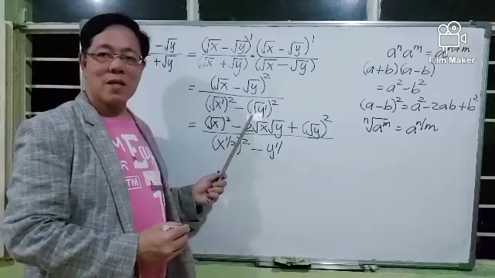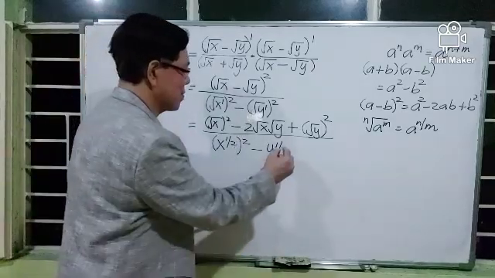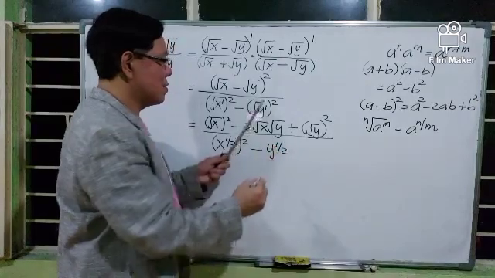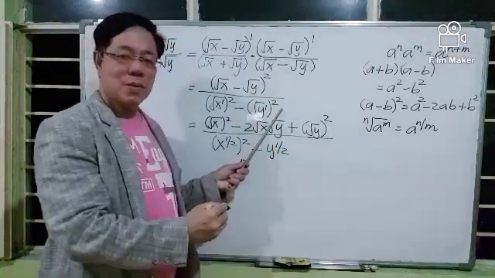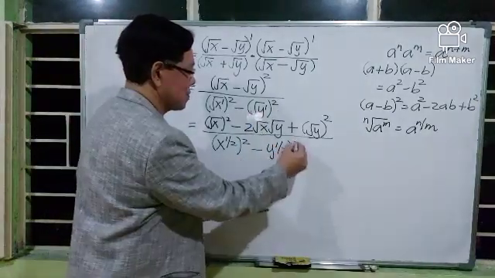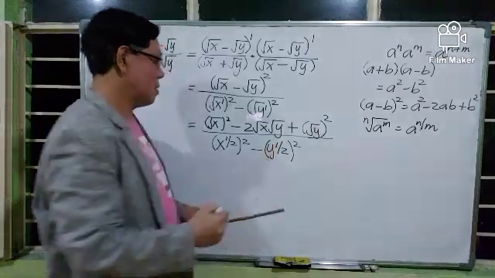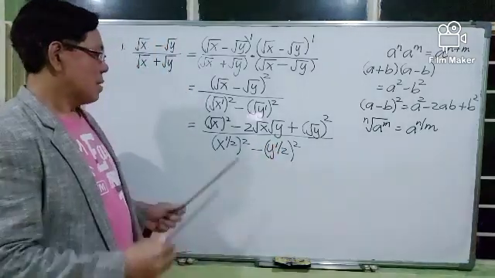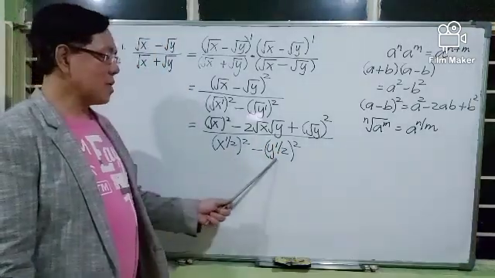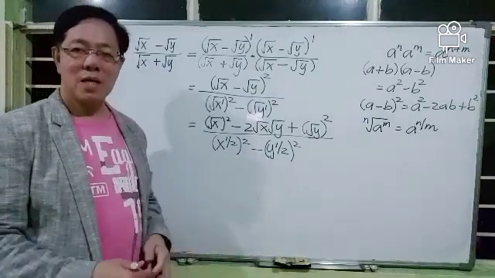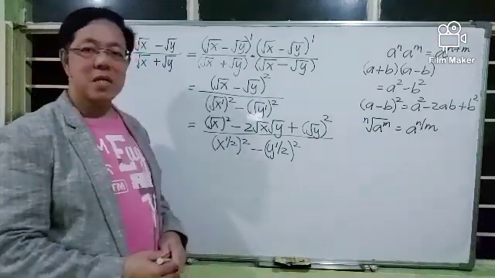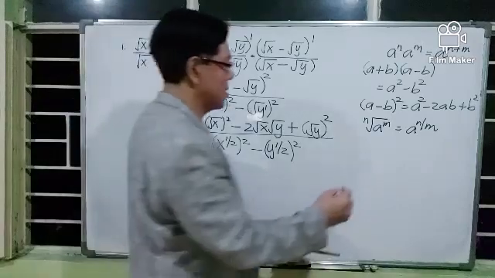For square root, the index is 2, and raised to power 2. And to simplify each term in the denominator, we apply again another property of exponent.